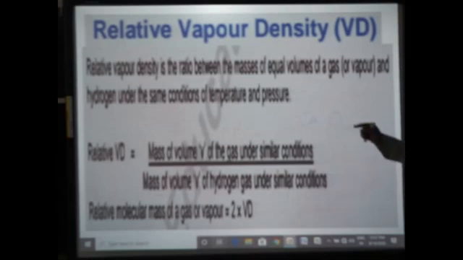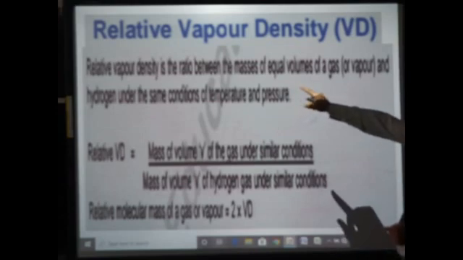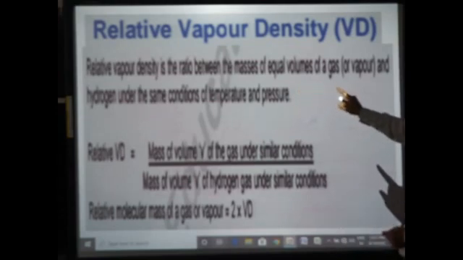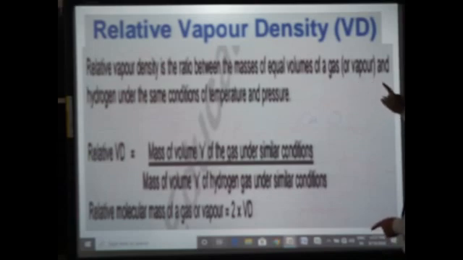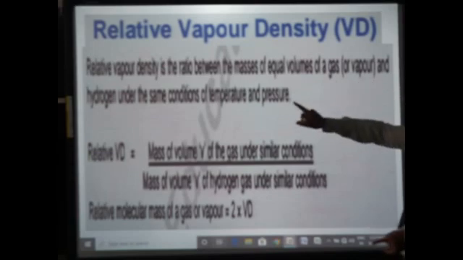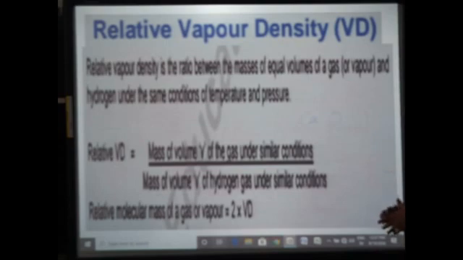So you can read out with me. The relative vapor density is the ratio between the masses of equal volumes of a gas and hydrogen under the same conditions of temperature and pressure, provided temperature and pressure are kept at the same condition.